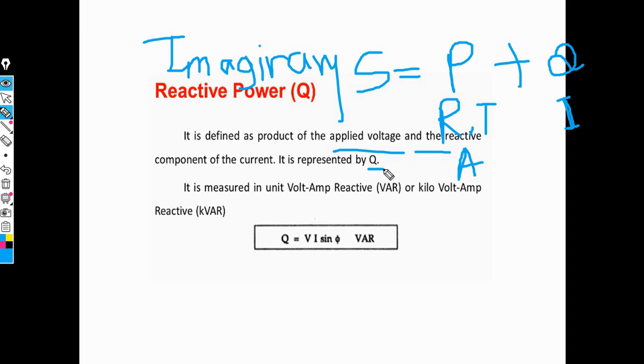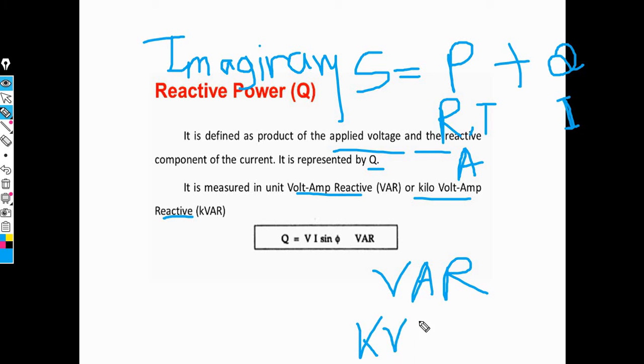Its symbol is Q. Its unit is volt ampere reactive or kilovolt ampere reactive. The unit of reactive power is VAR, that is volt ampere reactive, or kVAR.